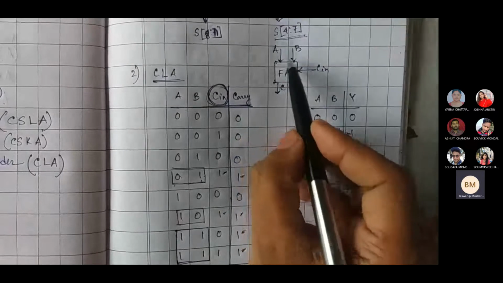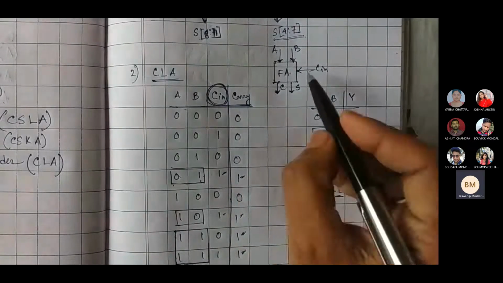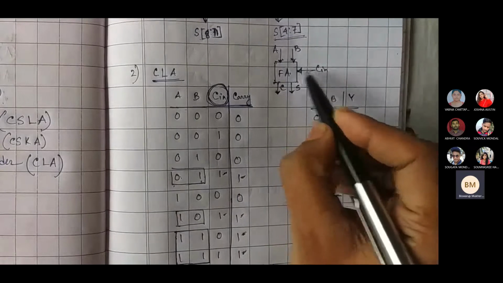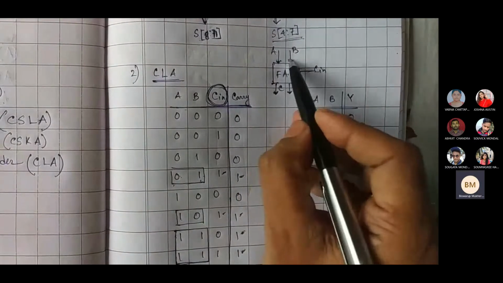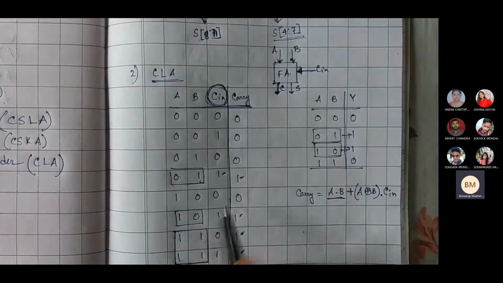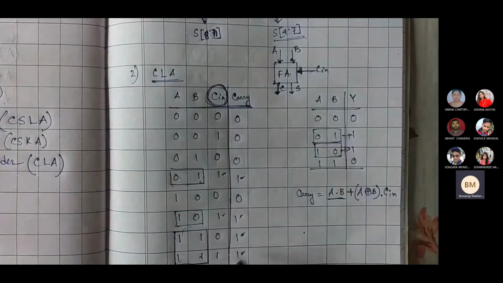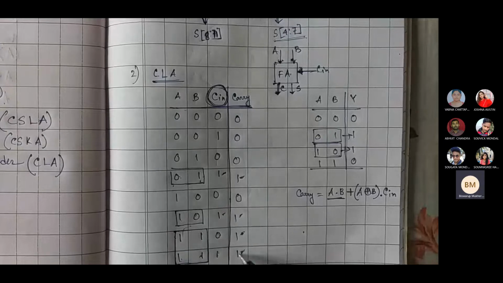Now, if A, B both are 1, then the carry is generated irrespective of whether C in, the previous carry input, is 1 or 0. It will not matter. If both A and B are 1, irrespective of the value of C in, the output carry will be 1.